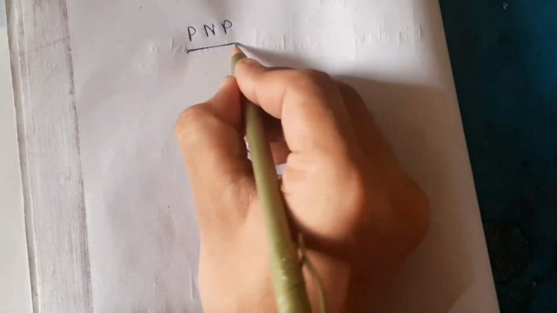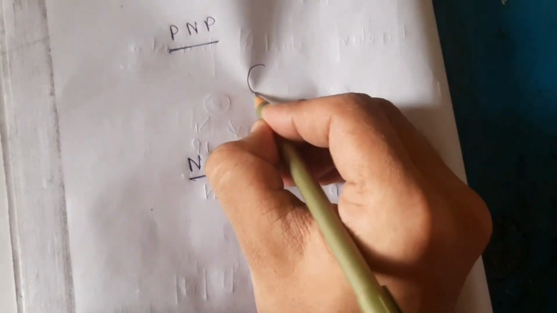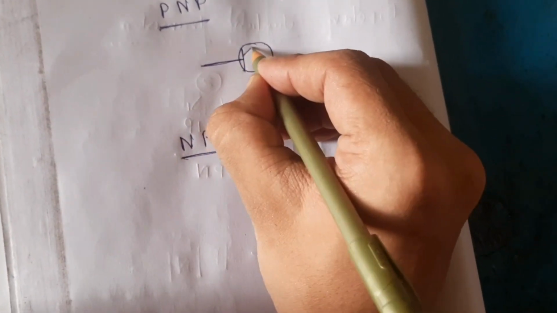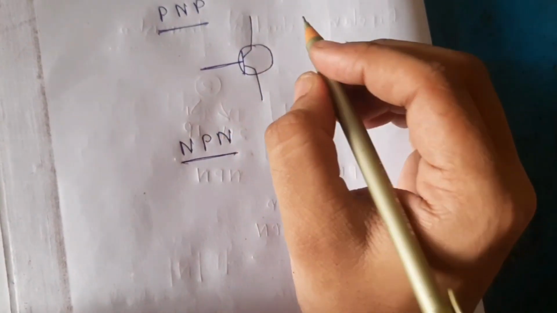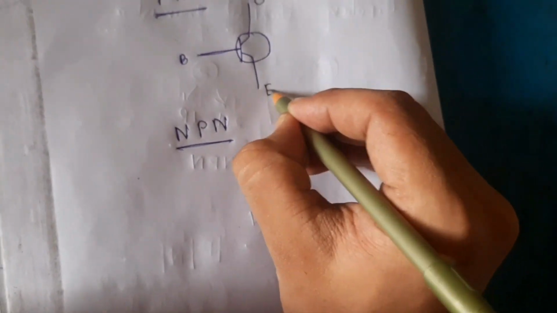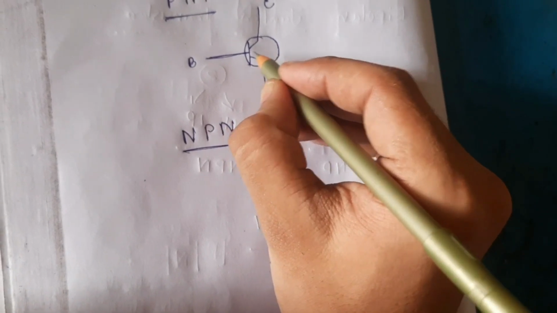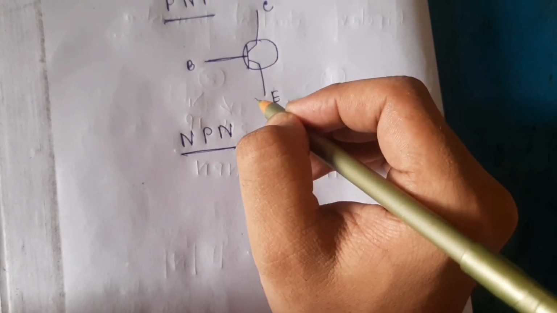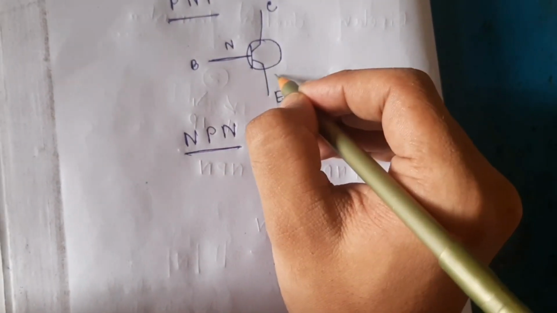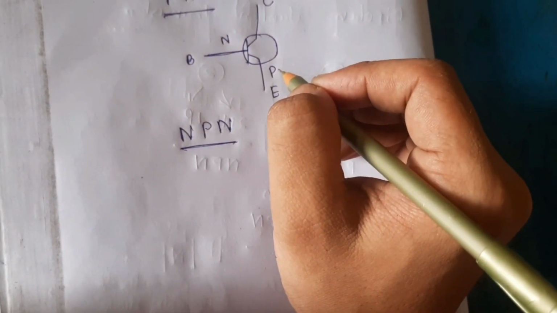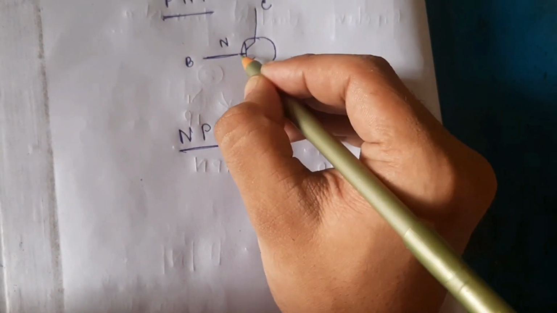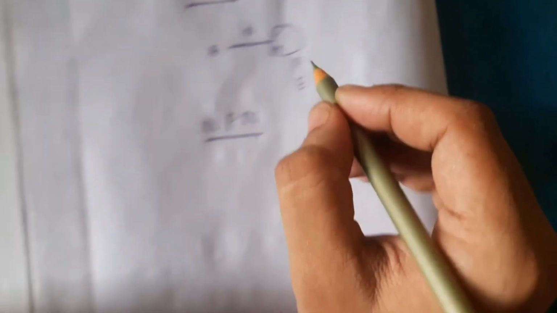First, the PNP transistor. Firstly, I draw a circle. Then this is the base. These are the other two legs of the transistor. If we consider this is the collector and this is the emitter, an arrow is placed between base and emitter. Since this is N type and this is P type, the arrow points inwards to the base from the emitter.